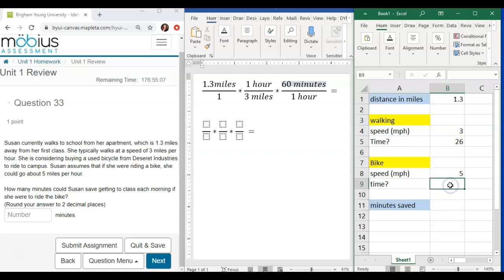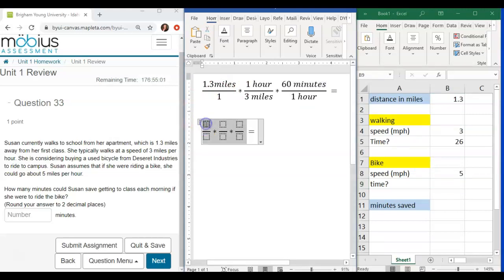The next, for the bike, we need to come over here. And again, we're going to do 1.3 miles. And then we can put a 1 under there if you'd like. You don't have to. With the bike, she goes 5 miles per hour. So we put miles on the bottom, just like before, so that they will cancel.